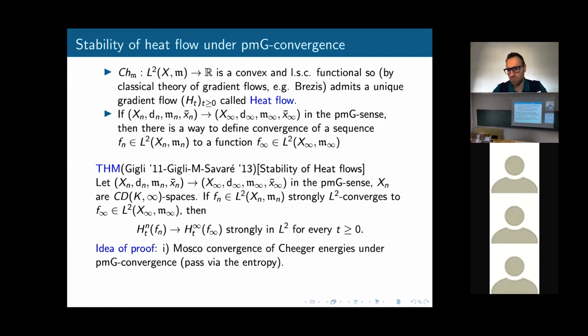So the proof is a bit technical. I just wish to mention the main steps of the proof.